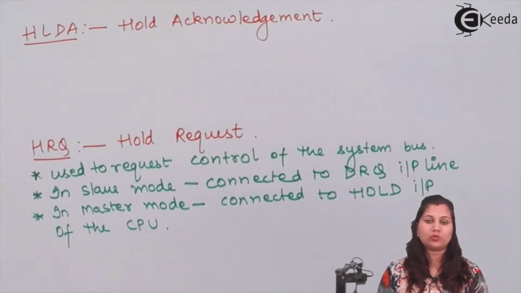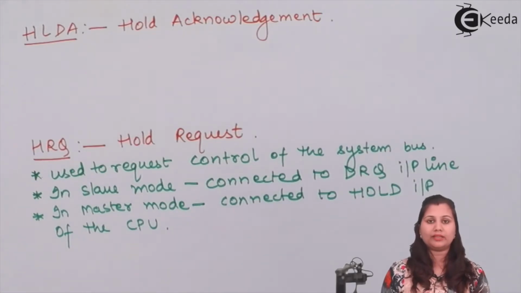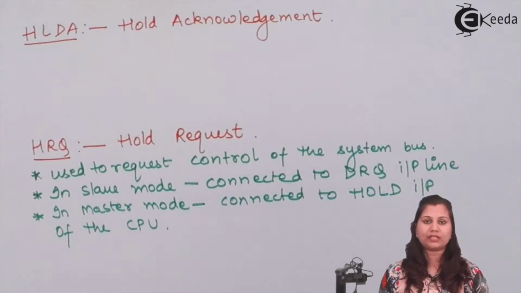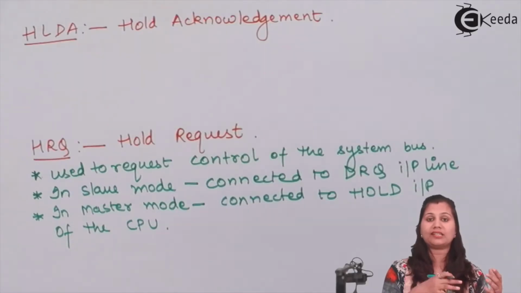Now the DMA works in two modes. First is the slave mode and the other is the master mode. When data transfer is needed between the microprocessor and the peripheral device, first the peripheral device gives a request to the DMA controller that it wants to transfer data to the microprocessor, or communicate with the microprocessor. When this request is received by the DMA, the DMA requests the microprocessor: give the control of your buses to me so that I can transfer the data.